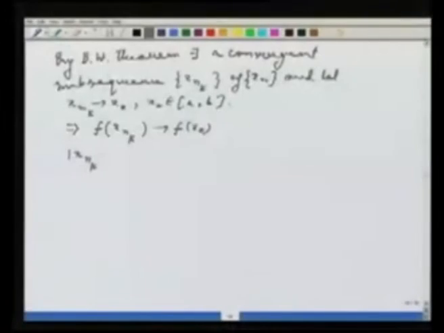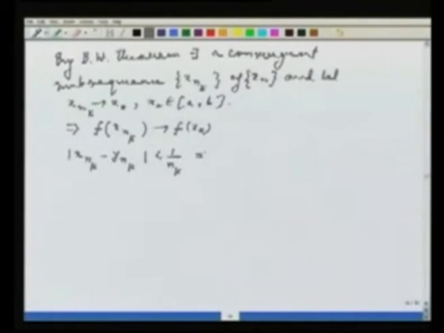Also notice that mod of xnk minus ynk is less than 1 by nk. What does this imply? It implies xnk minus 1 by nk is less than ynk, which is less than xnk plus 1 by nk. Apply sandwich theorem now. This converges to x naught, this converges to x naught.